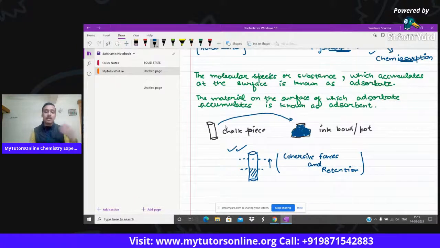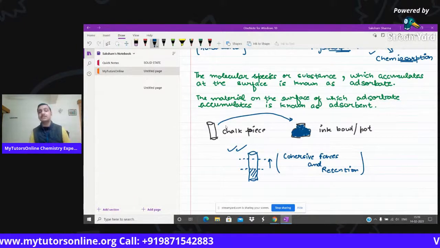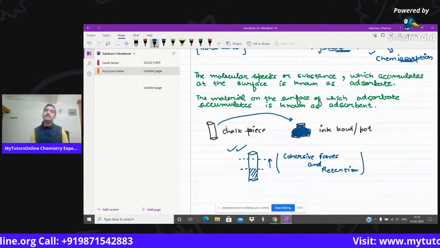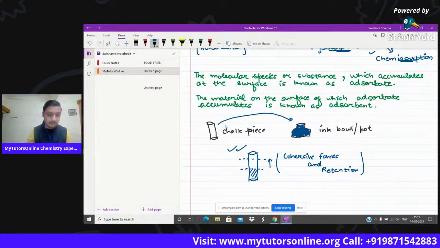Got it? And what is my adsorbent? Obviously the material on the surface of which the adsorbate accumulates is known as adsorbent.